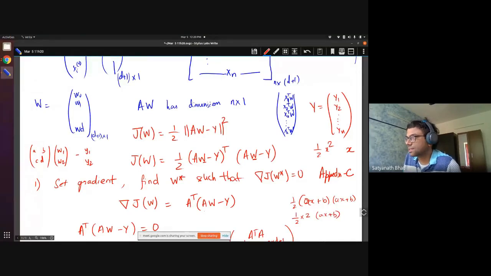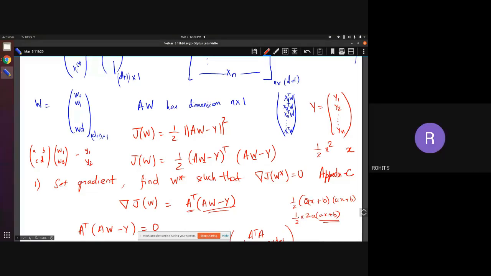And then there will be a term which comes because I'm applying the chain rule, that a term. So that will give us this. So many of these matrix derivatives become simple if you think of the corresponding simple derivatives. Rohit, this is kind of similar to that, don't you see that? Yes, sir. Okay, so you just try to do that.